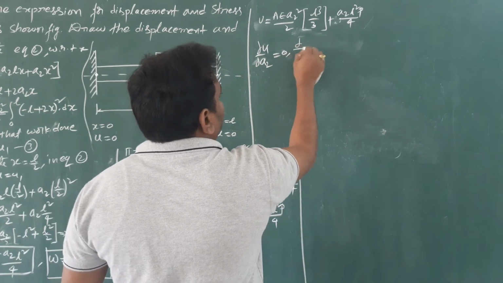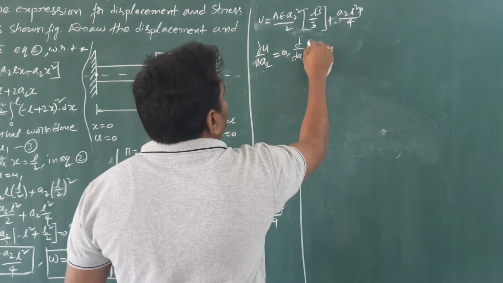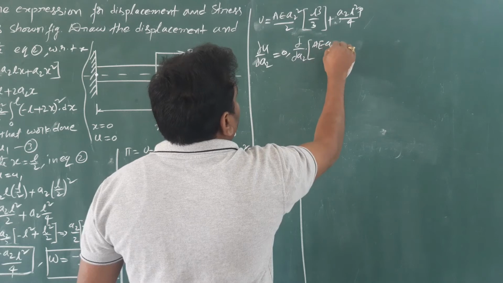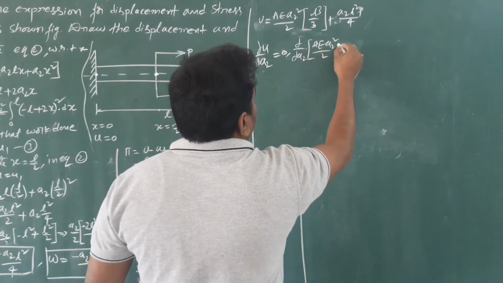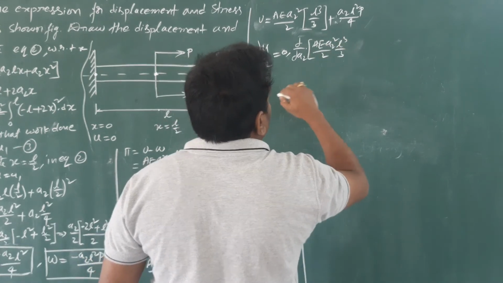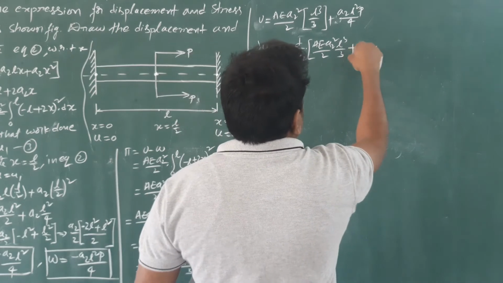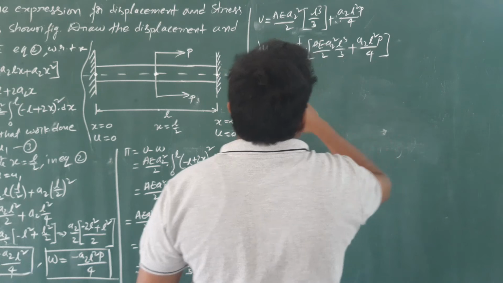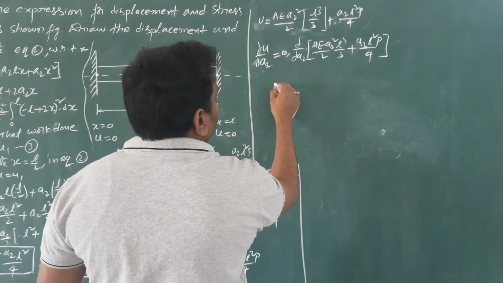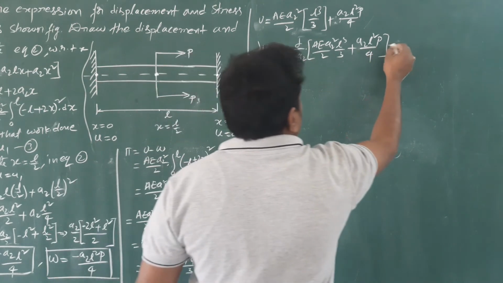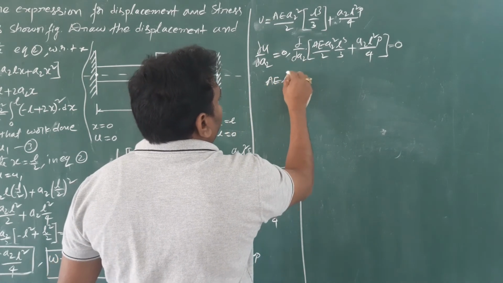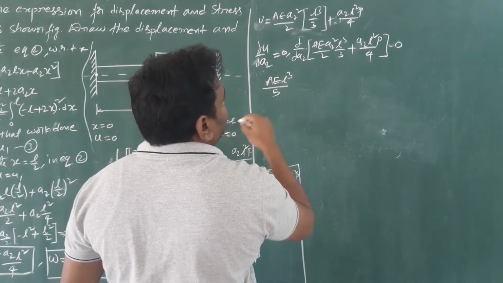Dou U by dou A2 means AE A2 square by 2 into L cube by 3 plus A2 L square P by 4. Differentiate this entire equation, then we get it equal to 0. AE is constant, L cube is also constant, P is also constant.